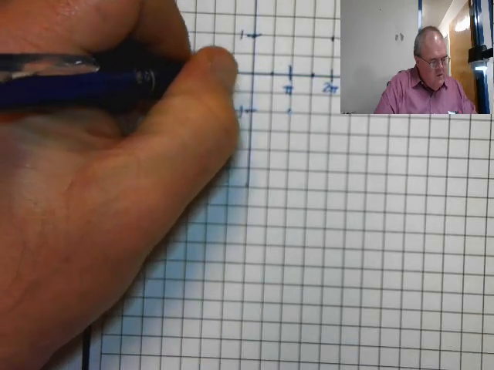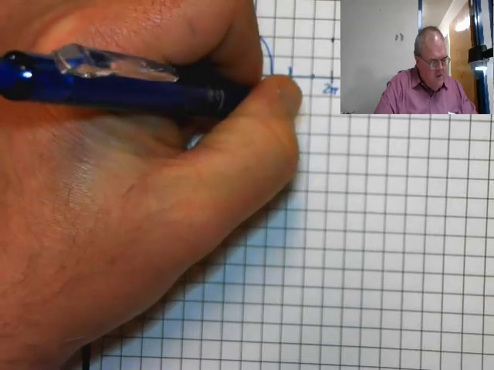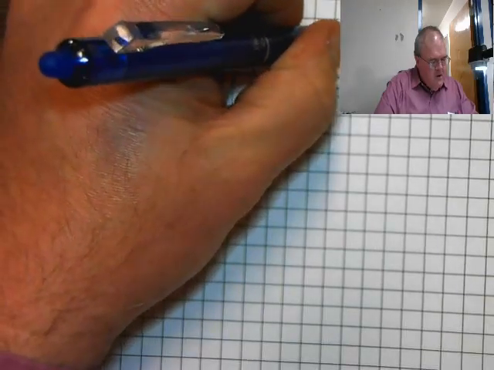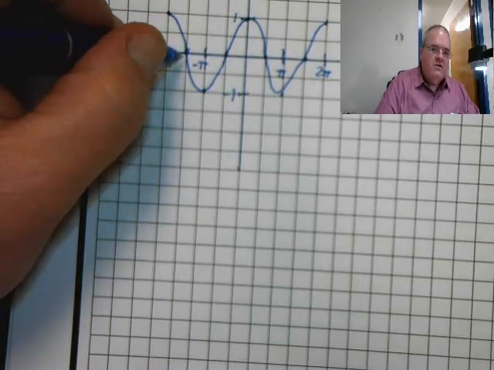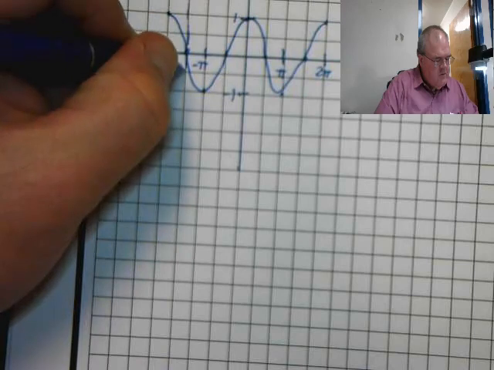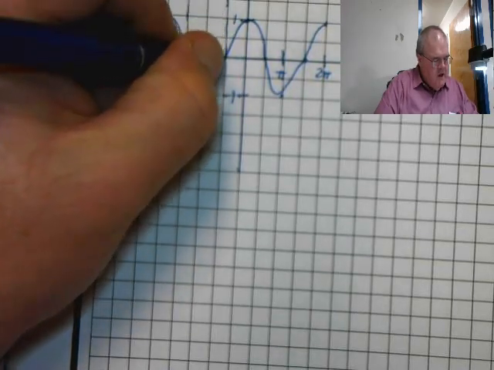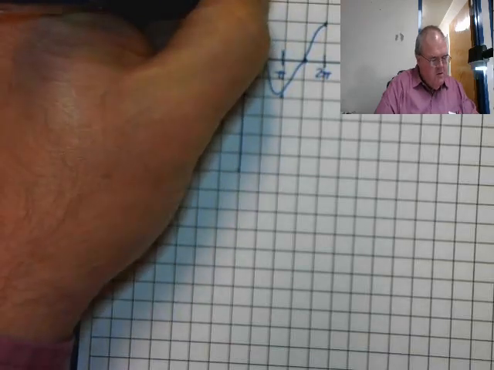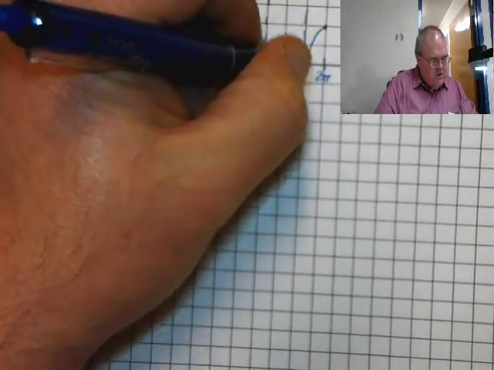So I'm going to draw my cosine curve. So there's my cosine curve. Whenever this curve hits 0, I'm going to have an asymptote. And the reason that I am drawing this is just so we can see where the asymptotes are going to lie.